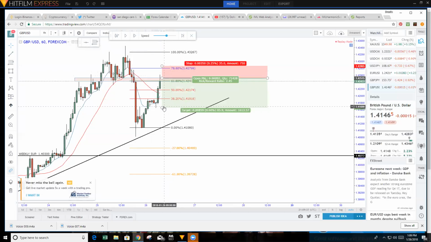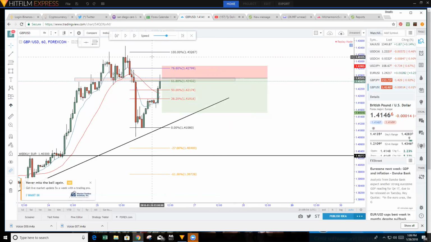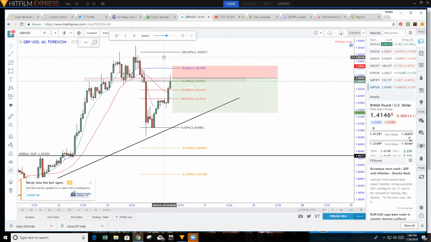And of course our take profit was at 141.517. So we had about a 100 pip gain. So it was about 100 pips. We're risking 35 pips to make 100 pips, around 1 to 2.86 risk to reward ratio.